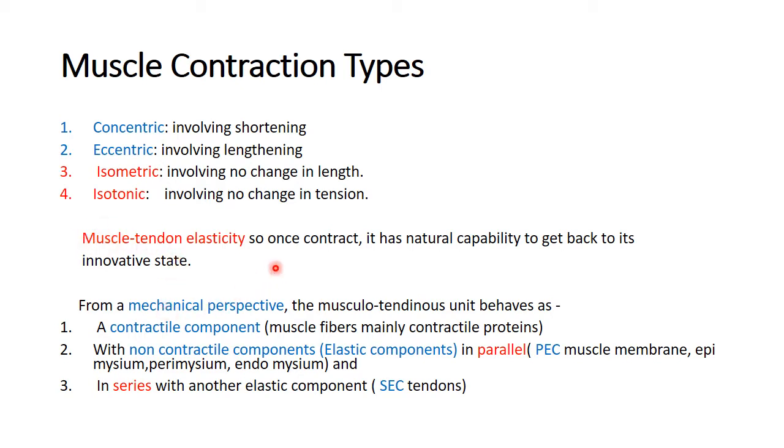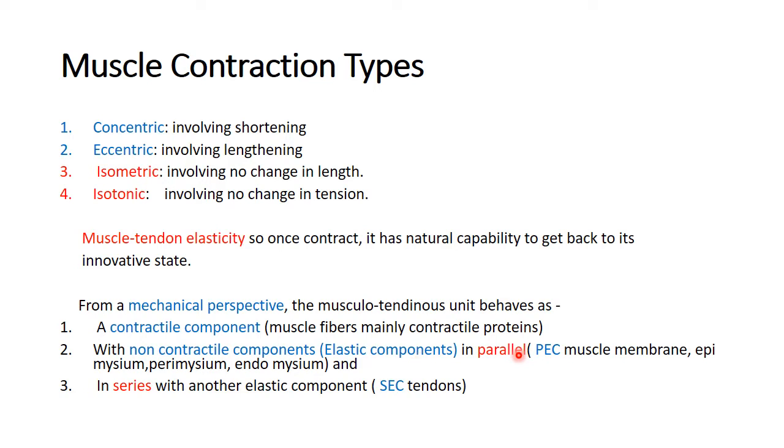From a mechanical perspective, the musculotendinous unit behaves as if there are 2 components. You must remember, one is the contractile component and another is the non-contractile component. The contractile component, as we all know, is the contractile protein in the form of actin and myosin. But the non-contractile component means elastic components, which are of 2 types.